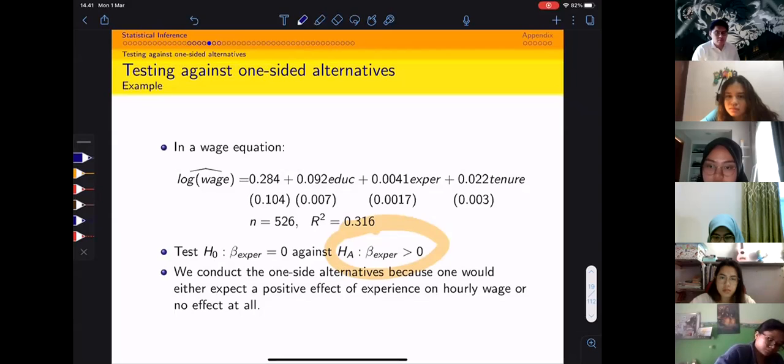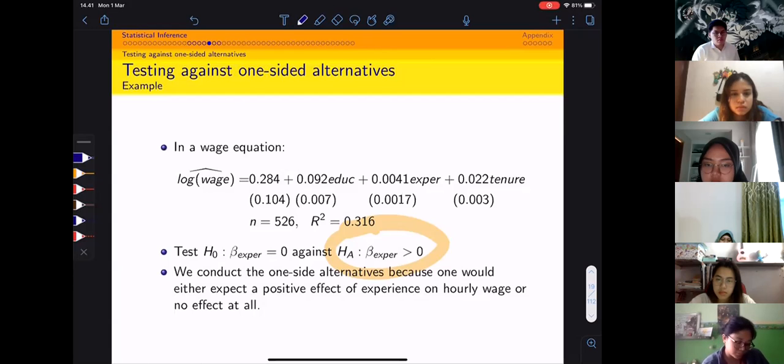Just some technical note. Some people write the null hypothesis as beta experience equals 0. Some people write it equals or less than 0. It doesn't really matter. For brevity, I use the following null hypothesis: just beta experience equals 0.